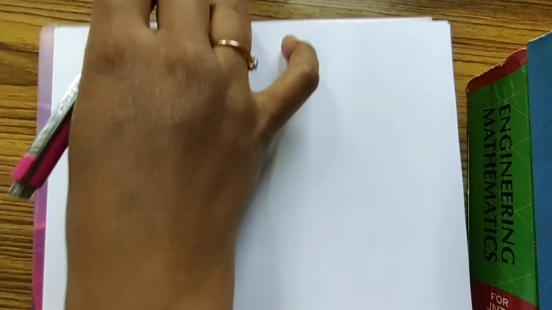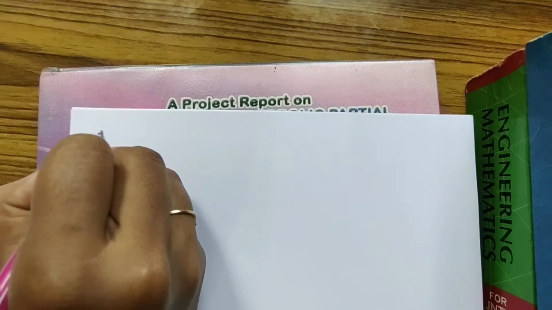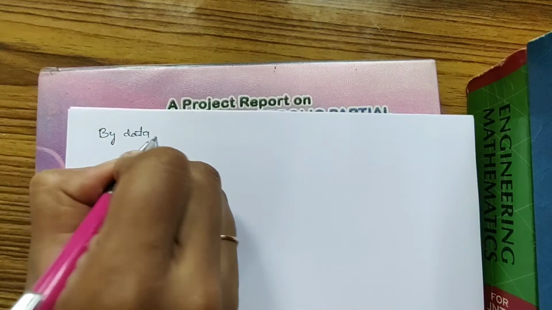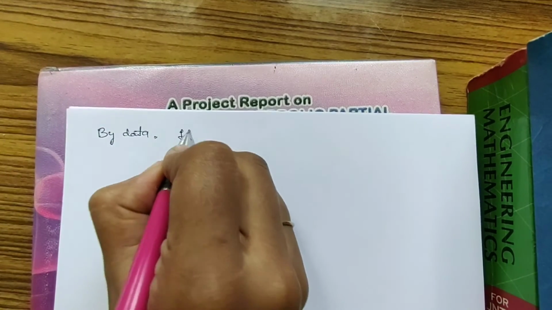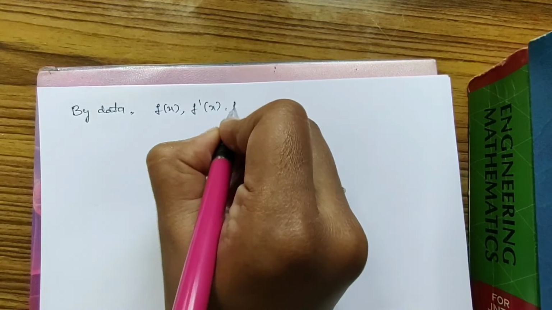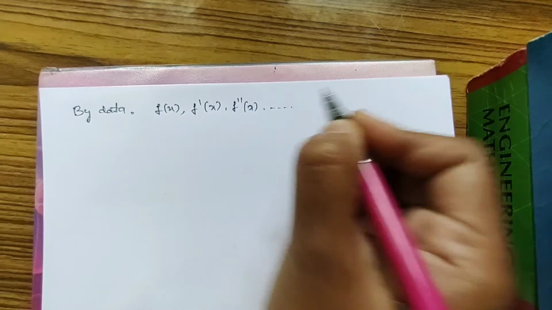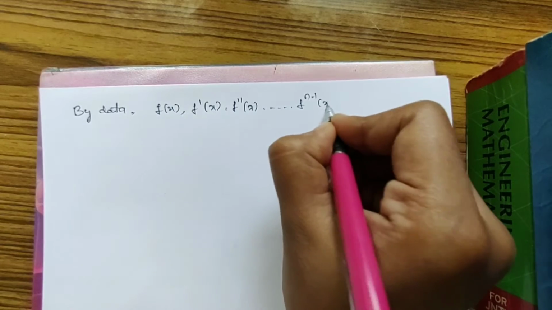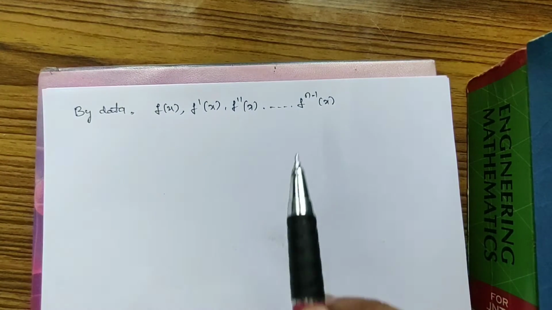Now, by data, we know that f of x, f dash of x, f double dash of x and so on, f power n minus 1 of x are all defined.